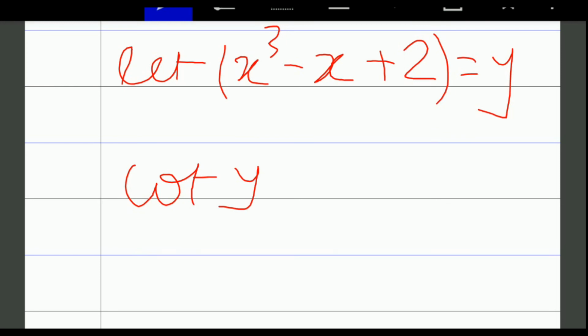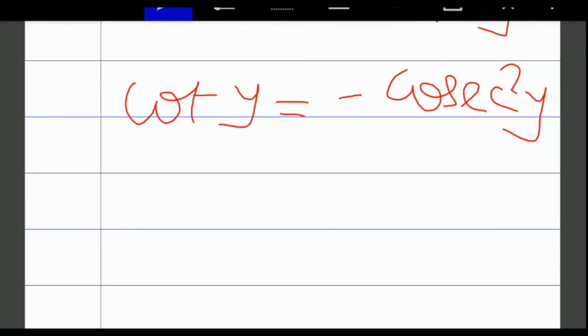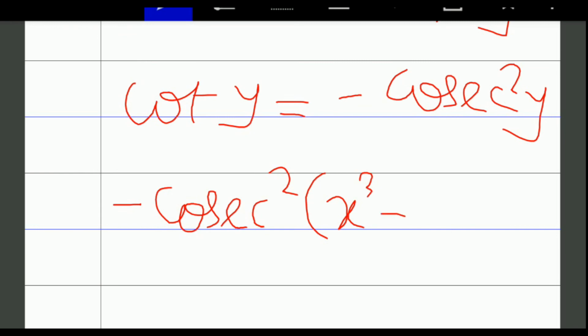As I told you before, sec will vanish now as it has been differentiated already. So the derivative of cot y is minus cosec square y. Now replacing y, it becomes minus cosec square of x cube minus x plus 2.